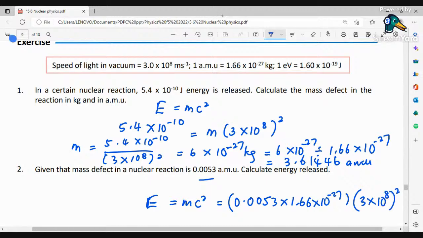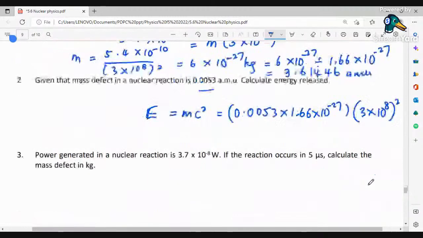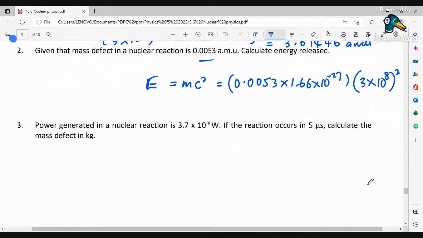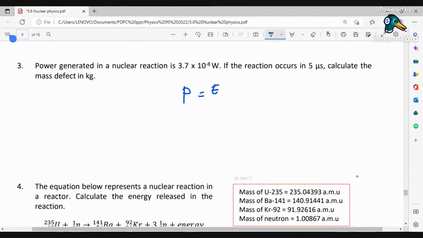Okay, so you're going to convert AMU to kilogram, then multiply dengan speed of light squared. This one, the power equals E divided by T. Okay, calculate mass defect, MC squared divided by T.